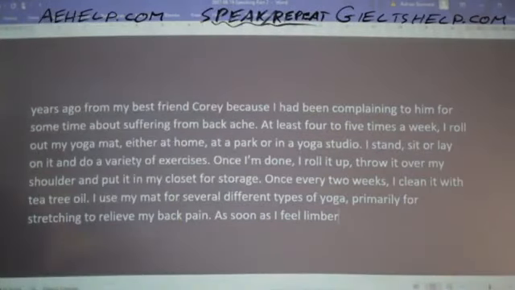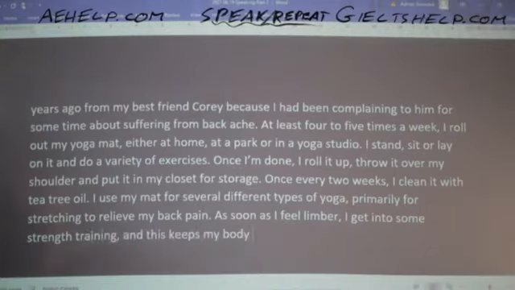So I use my mat for several different types of yoga, primarily for stretching to relieve my back pain. As soon as I feel limber, I get into some strength training. And this keeps my body truly fit and healthy.